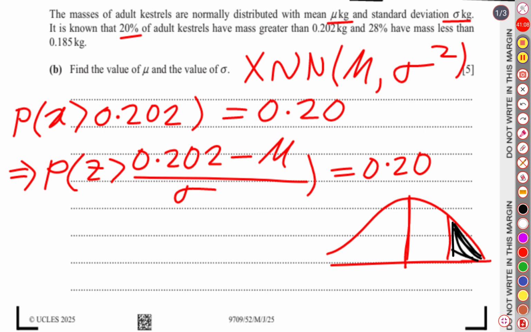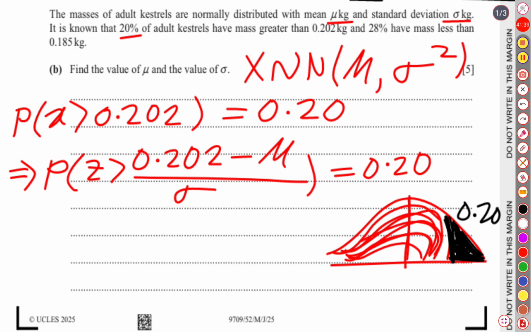And our z-score is surely positive. Here is our z-score. So the probability of this region is 0.20. So surely the rest of the part is 0.80.